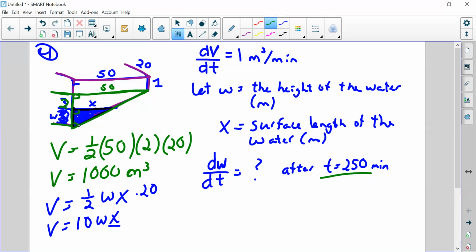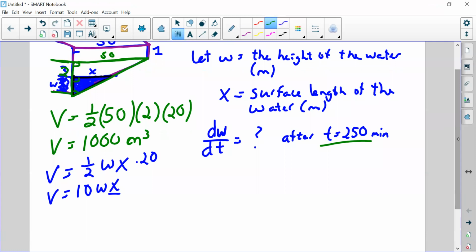So in the blue triangle, the water triangle, I can say that W is to X, as in the green triangle, what would that proportion be? Okay, W first, so I have to do 2 is to 50. Since W is on top, the 2 has to be on top on the other triangle, the corresponding sides.